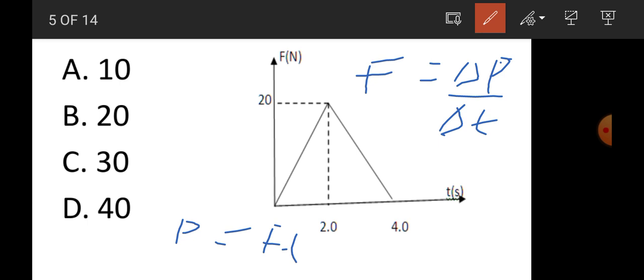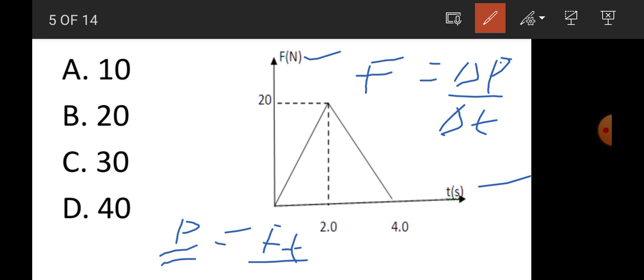Here, the area under this graph is equal to momentum. The area under force against time, force versus time. Along the x axis is time, along the y axis is force. So the area under this graph is equal to momentum.